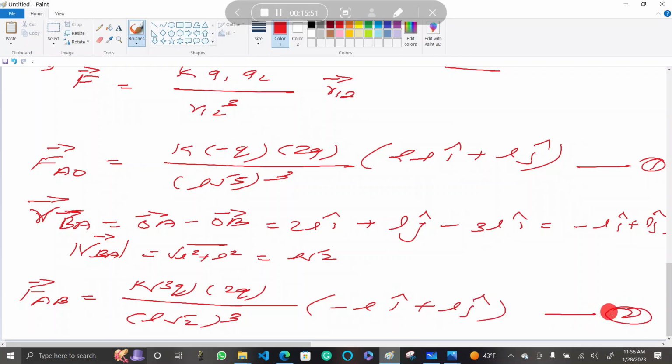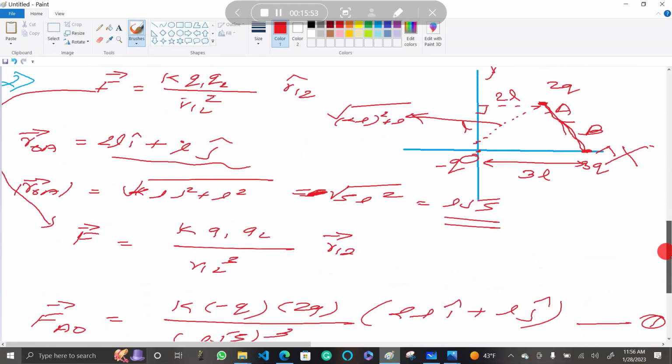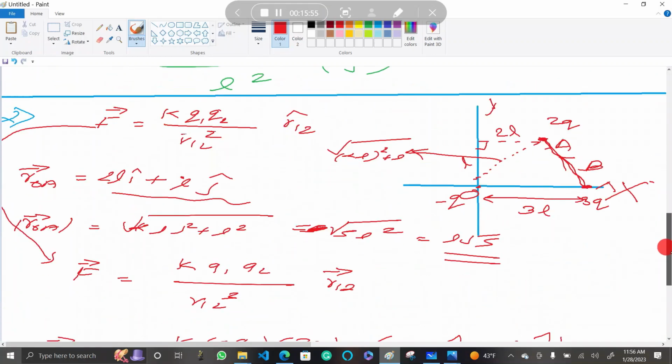Now we have two expressions because of the two charges. Now we calculate the net force as we did before.